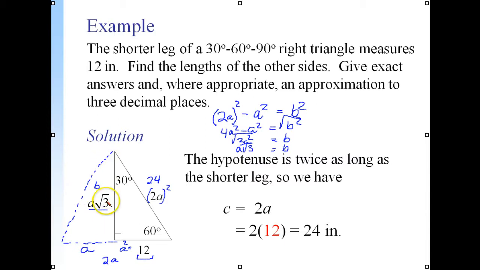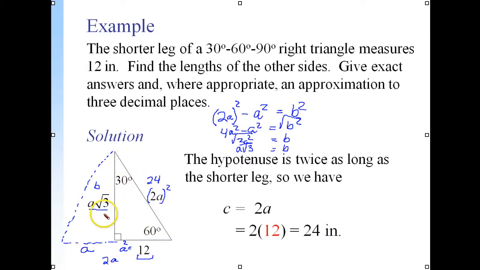And by the way, that's a given. If this side is A and this side is 2A, then this long altitude of our triangle is A, the square root of 3. So here they're saying if this is 12, we know this side is going to be 24.